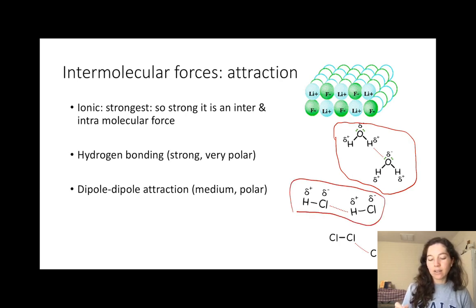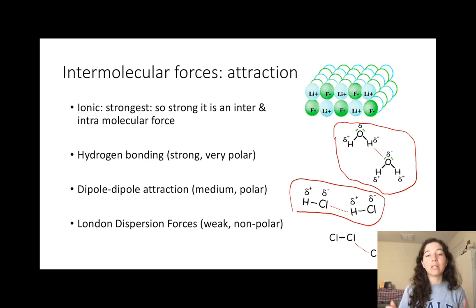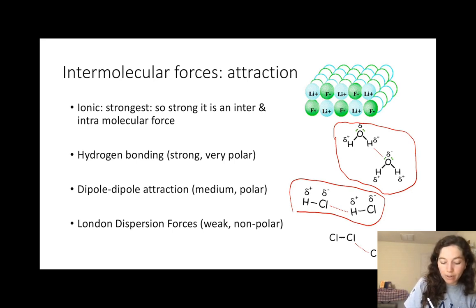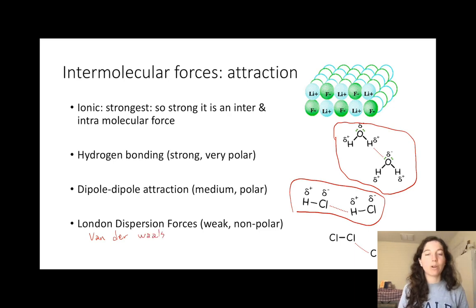It's not as strong as hydrogen bonding, but it's stronger than our last type of intermolecular force, which is London dispersion forces, or you might have heard them called van der Waals. Those are the same terms, so don't get those mixed up. And these are very weak forces. They often occur in nonpolar compounds, but they can occur in compounds that are really close to nonpolar as well.